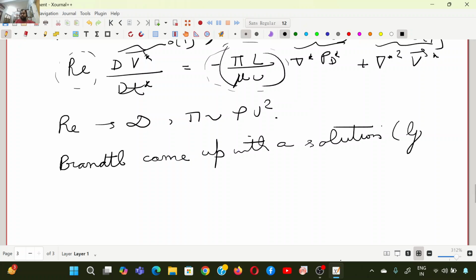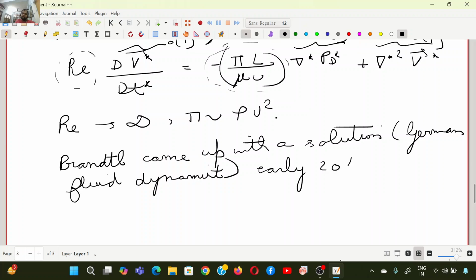He was a very famous German fluid mechanist, mostly in fluid dynamics he used to work. With his students, very famous ones are Blasius, you learn about it in boundary layer, and von Karman, again, that also in boundary layer.